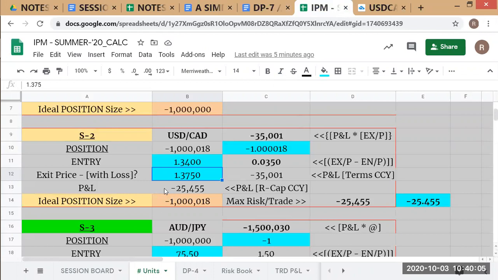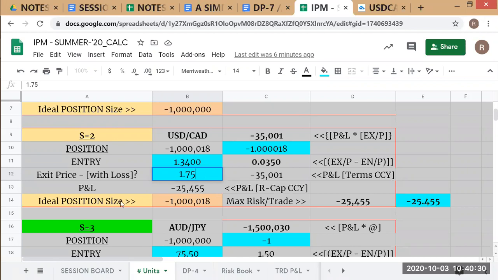Let's say you entered at 134. Now instead of exiting at 137, I'm going to exit at 1.75. Right now, just focus on the terms currency PNL. It's 35K on the old rates. I'm changing the exit price.